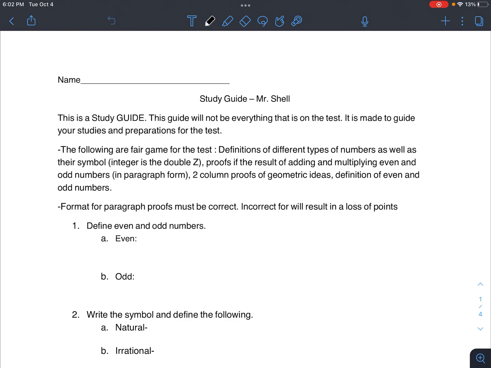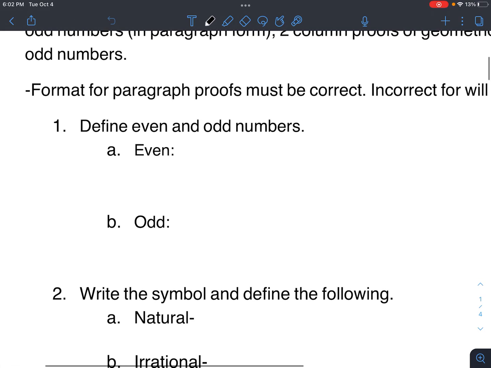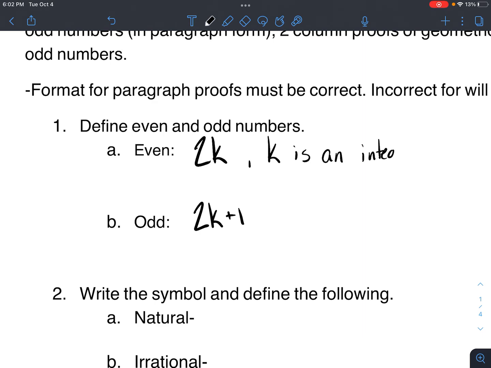So when I say define even and odd numbers, remember this is going to be our 2k and our 2k plus 1, where k is an integer. So I'm going to write this in two separate ways, where k exists in the integers.